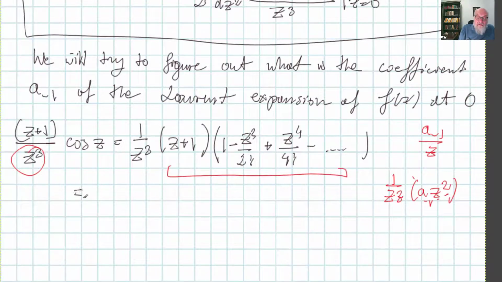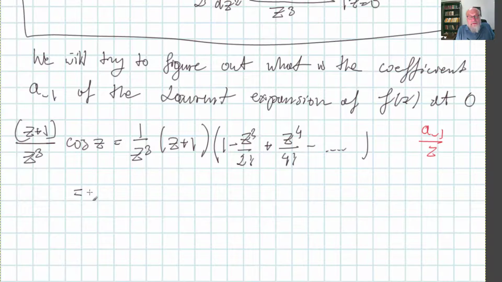So we need to find the z squared coefficient.